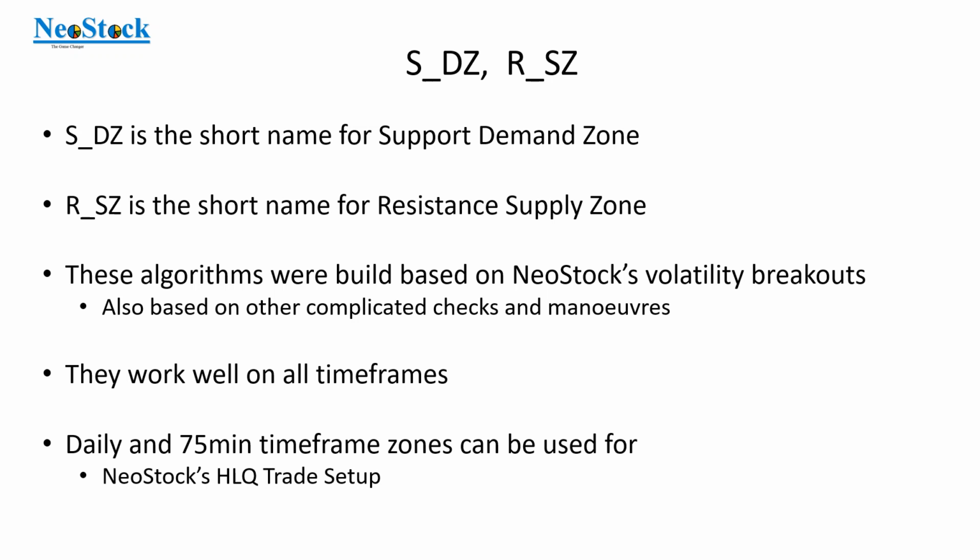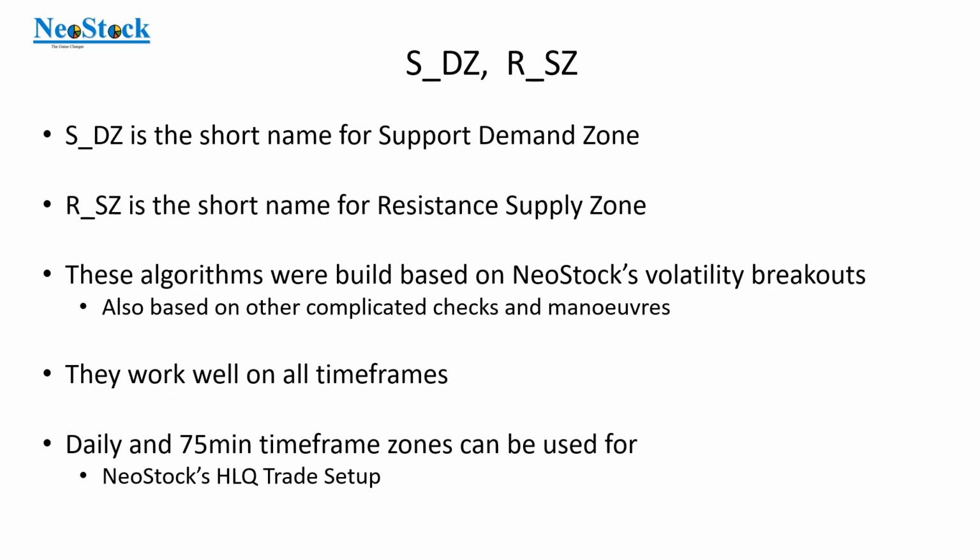A machine spends several minutes processing all these zones at different time frames. Then imagine, it will take several years for a human to identify these zones manually as per that algorithm. So that's why I said it is not practical, it is almost impossible.